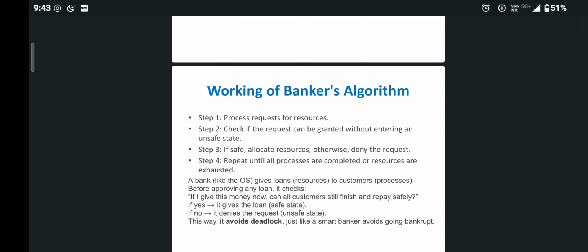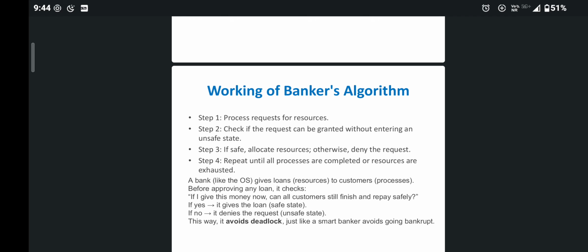Okay, so let's see the working of Banker's algorithm. That is the most important topic in this. There are a total of 4 steps. Process requests for resource. If a process requests resources, that is the first step, and if the request can be granted without entering the unsafe state, we want to check it.